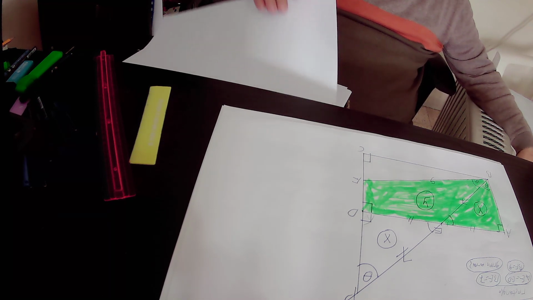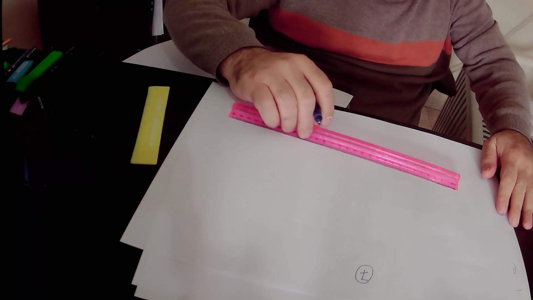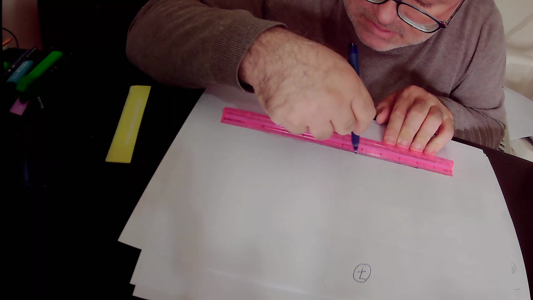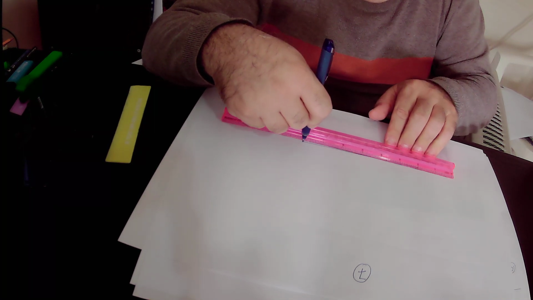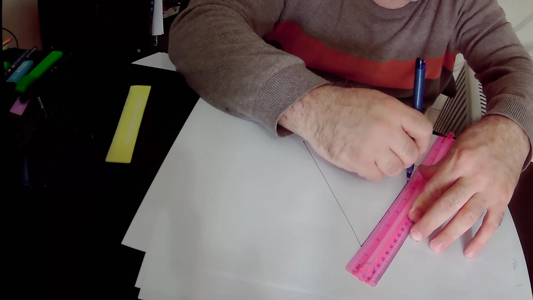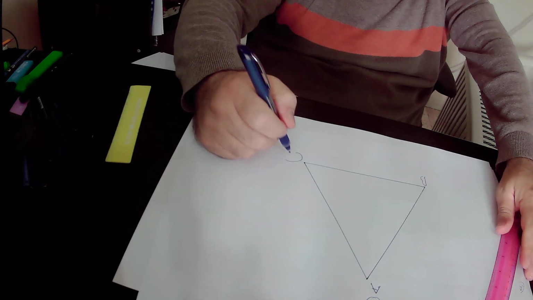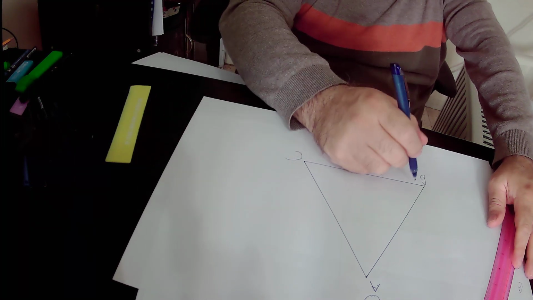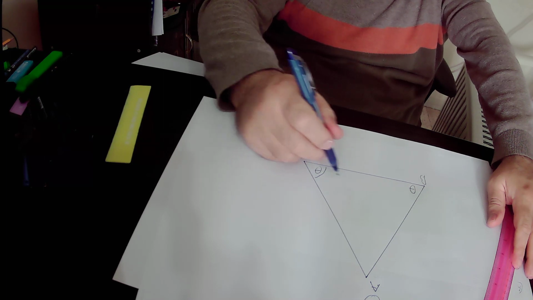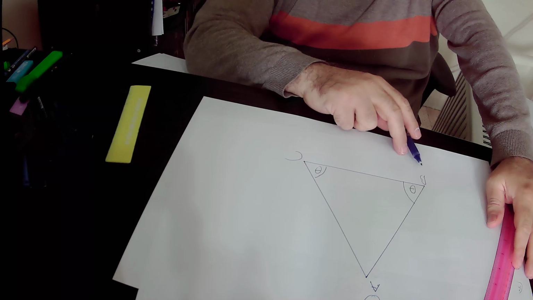triangle ABC that is an isosceles triangle, and triangle ABC has two equal angles, theta and theta, therefore it is defined as an isosceles triangle, and the base of the isosceles triangle ABC is BC.